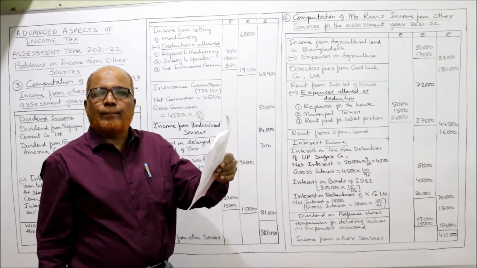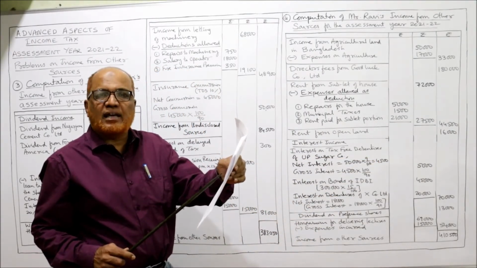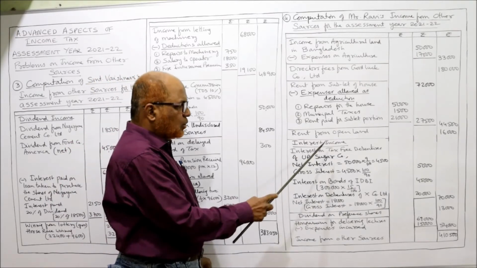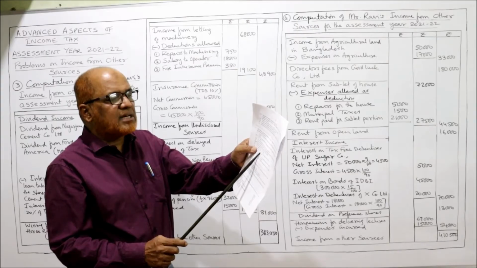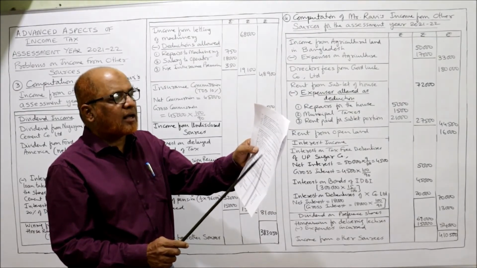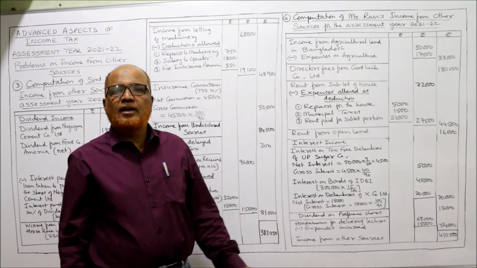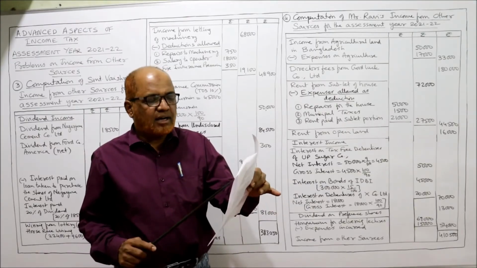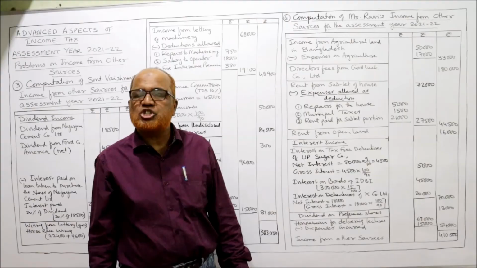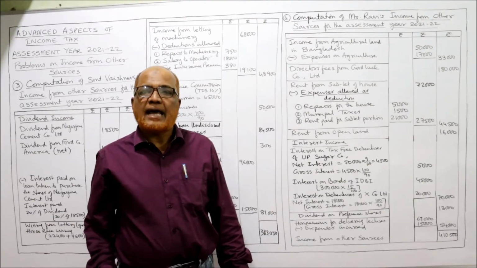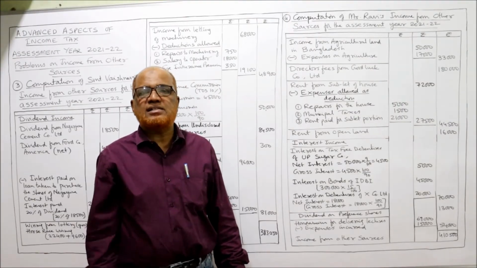Now interest income. Three different interests are given. First, 9% tax-free debentures of UP Sugar Company, 50,000. These tax-free debentures of UP Sugar Company are called tax-free commercial security.